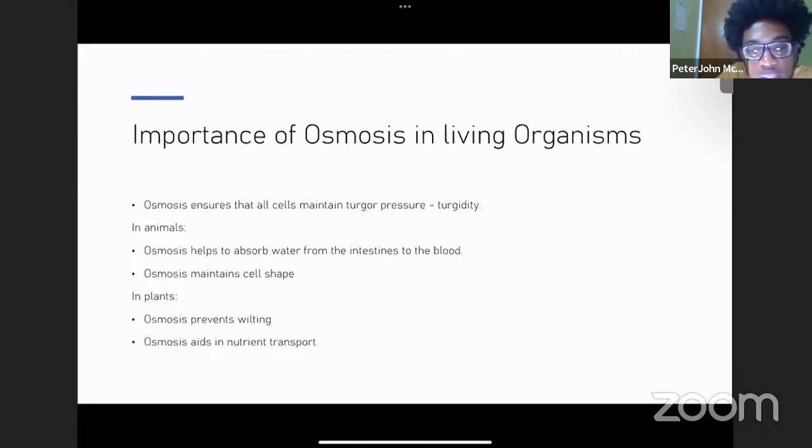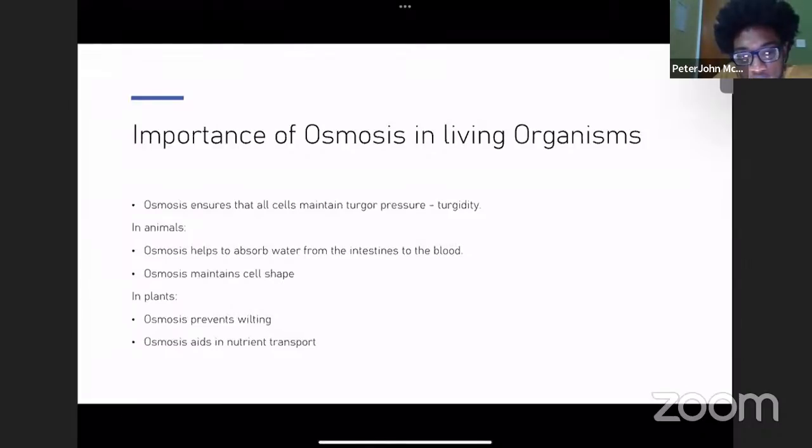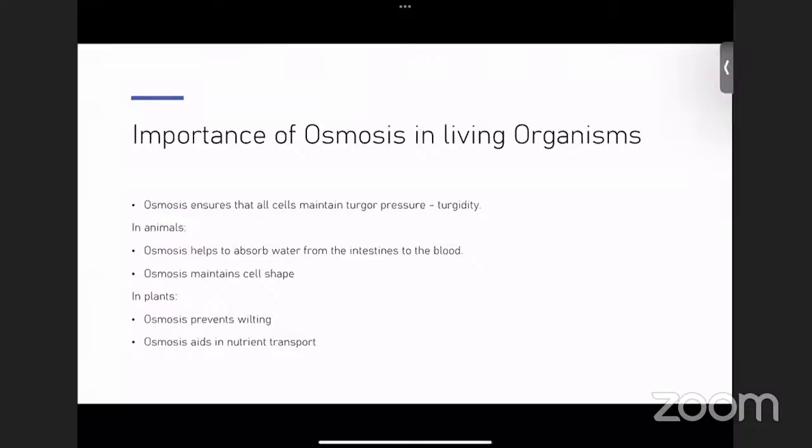I should have put water instead of nutrient, because when water is being transported you have nutrient transport, but put water. Everybody good so far? These are just things to know. It's not something I can really explain. It's just stuff to know.